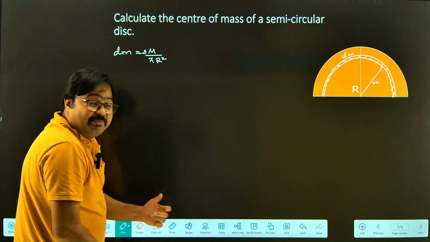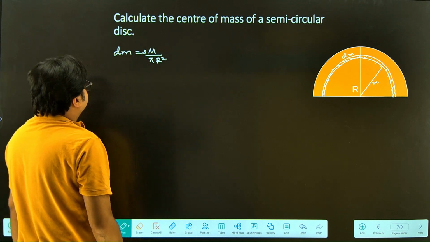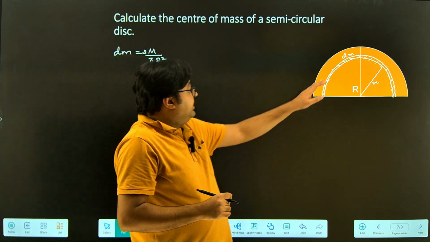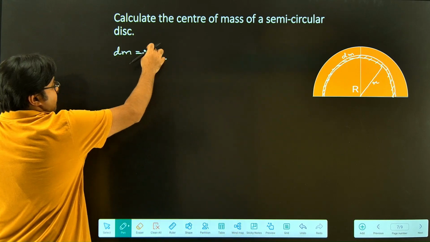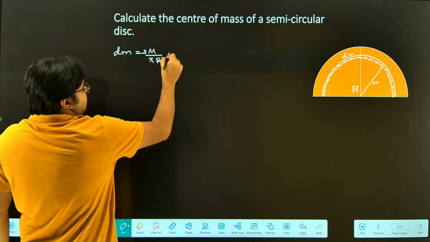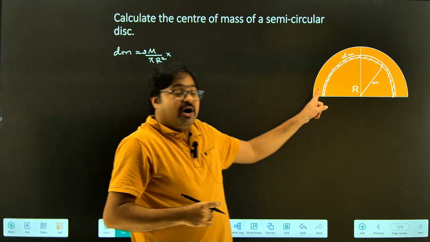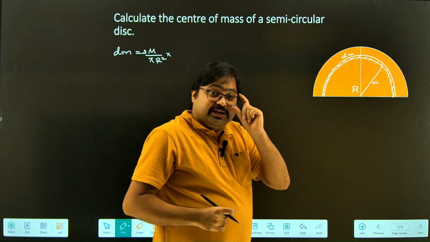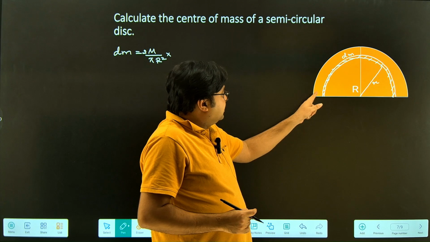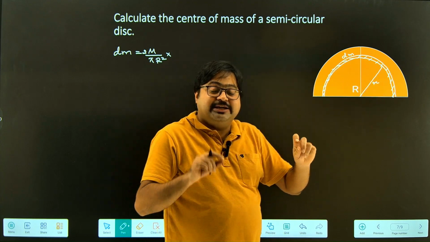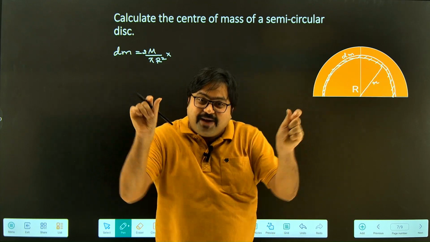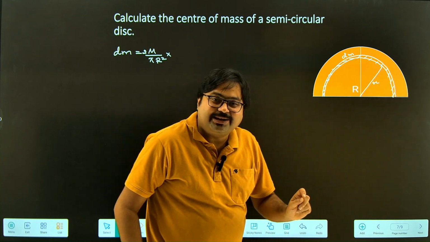So 2 in the denominator of the denominator goes to the numerator. That's dm's fraction, total mass by total area, multiplied by the area of the shaded part of the ring. Now the shaded part of the ring can be imagined as a rectangle that's bent in the form of a semicircle.